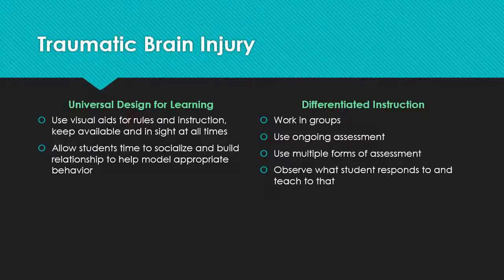And then for universal design for learning, just keeping those visual aids available so the student can keep them in mind, and then allowing your student to socialize and to keep their relationships built up and understand how to behave if that is a problem.